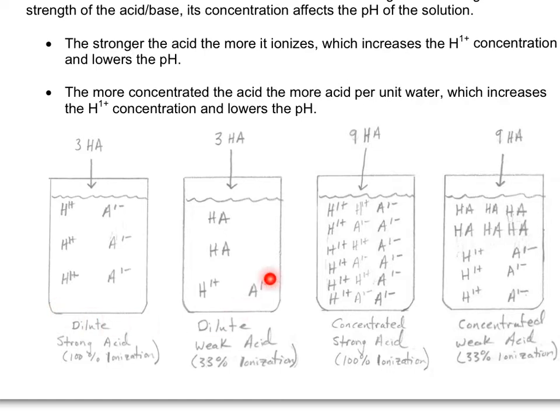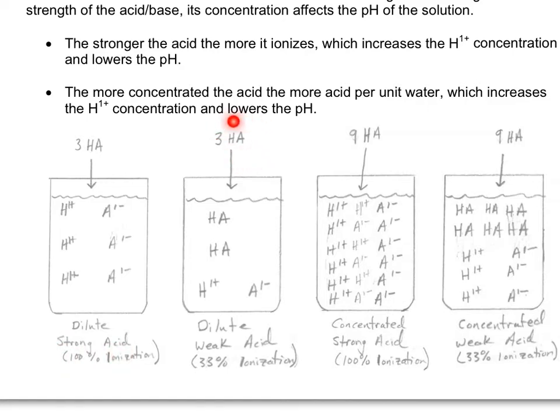Have a look at these two beakers here. Here I take 3 molecules of acid and put it into a beaker of water. If each of these molecules of acid ionize into H+ and A-, then I have 100% ionization. A high ionization rate means I have a strong acid.